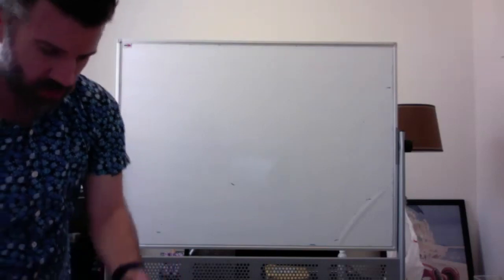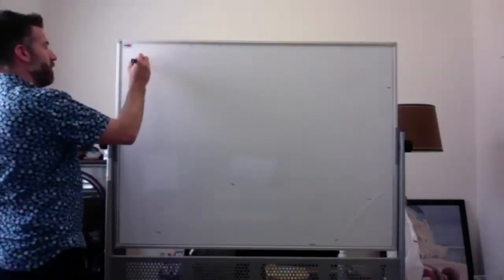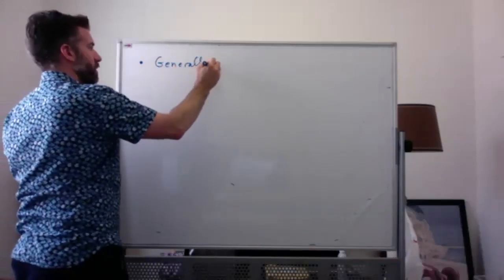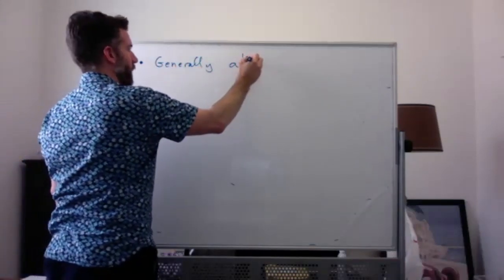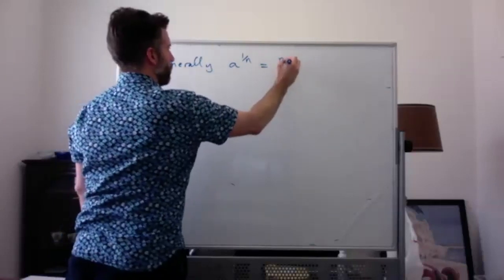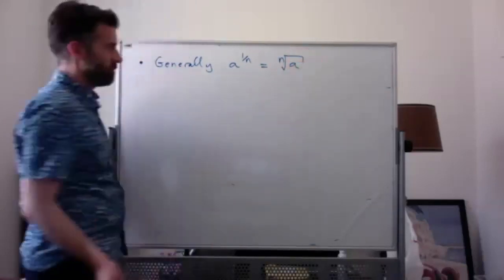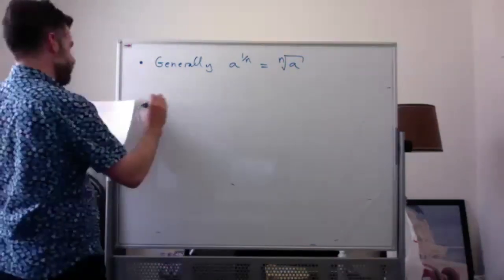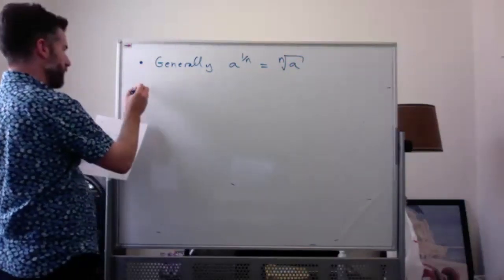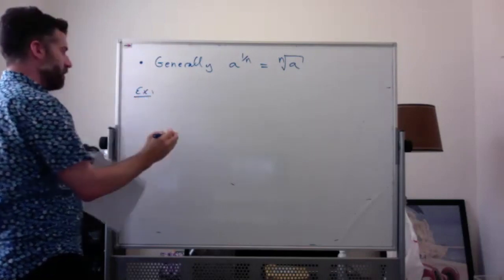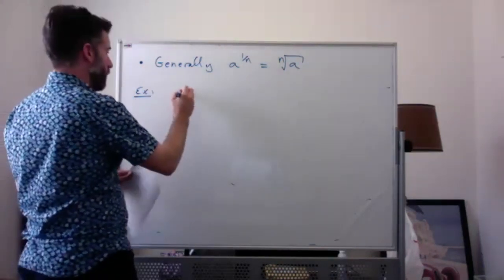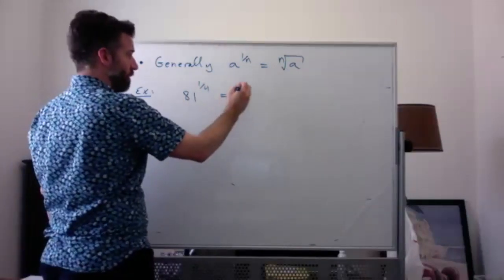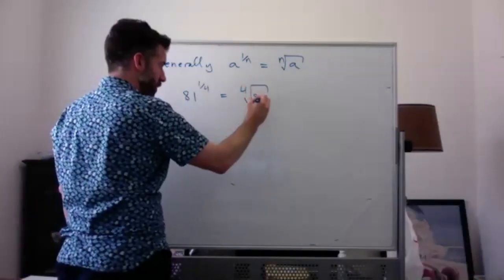A couple more things. First of all, generally a to the 1 over n is the same as the nth root of a. Some examples of this are 81 to the 1/4 power, or the 4th root of 81.